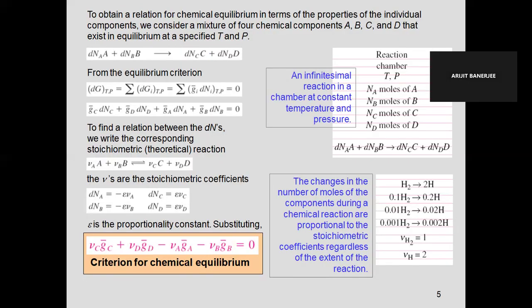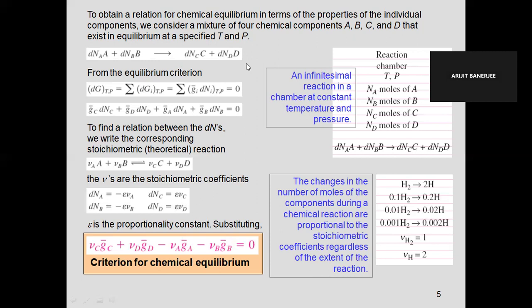Now, if we consider a particular chemical reaction involving two reactants A and B producing two products C and D, and we consider that equilibrium has already been achieved, and during that, there is a small or infinitesimal amount of reaction taking place. That means a very small amount of components A and B are consumed, and a very small amount of the products C and D are produced during this infinitesimal chemical reaction.